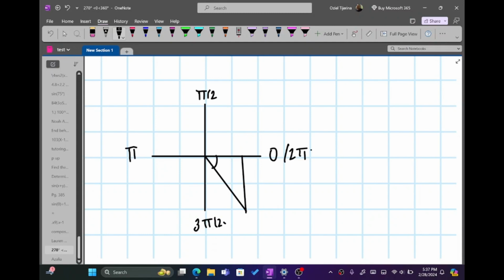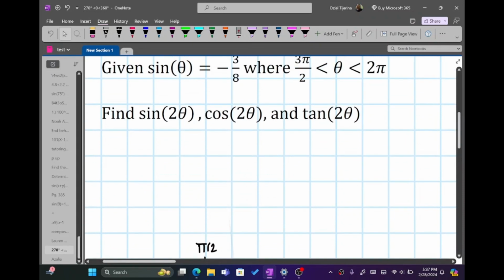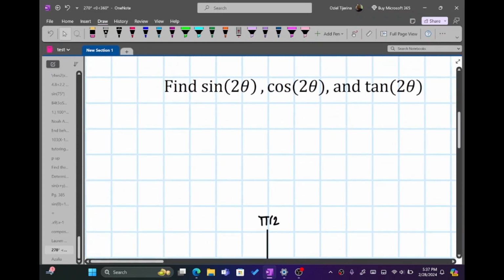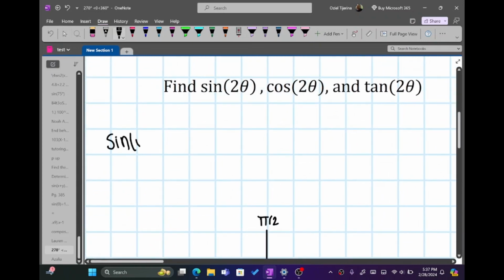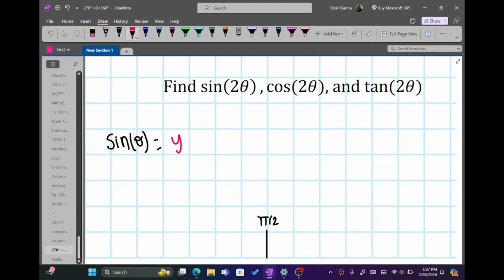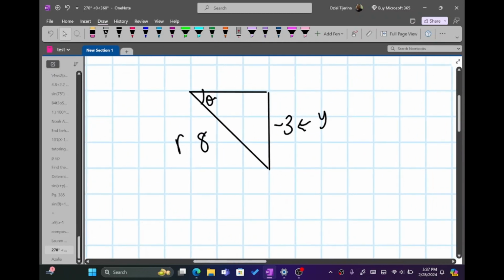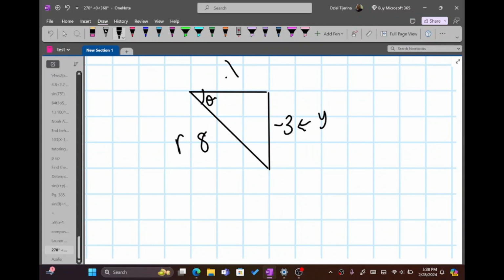It's going to look something like this, and remember that sine of theta is equal to my y term, which is y over r, my radius. If you want to see that more visually, if this is theta, this would be the x-axis, this is the y-axis, and this would be my radius.